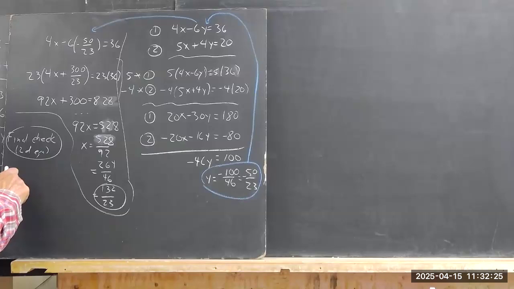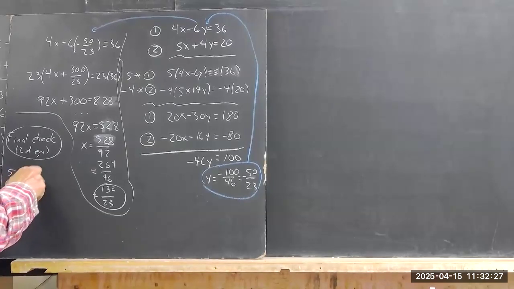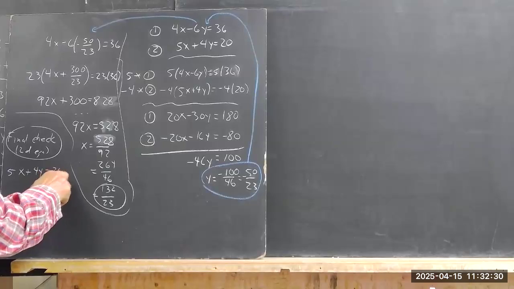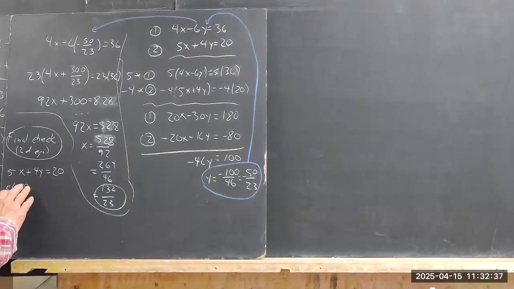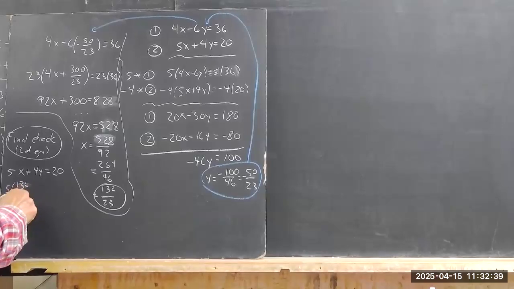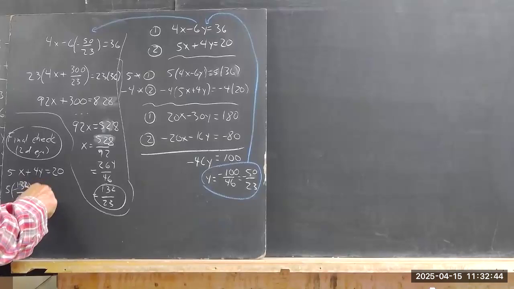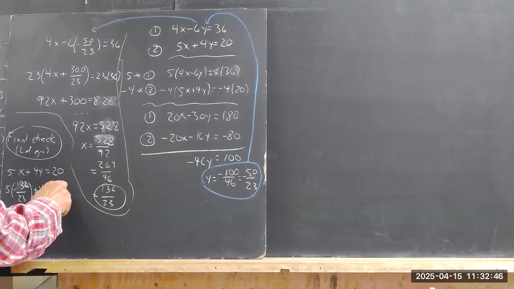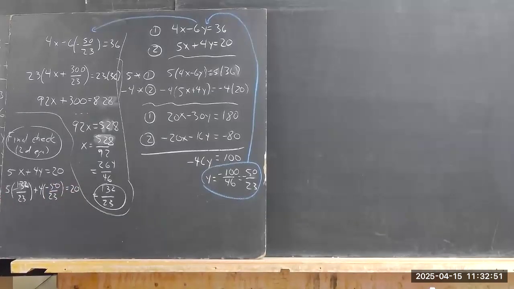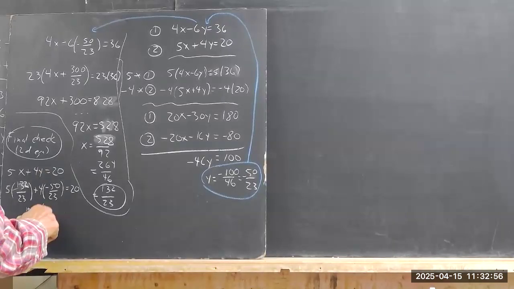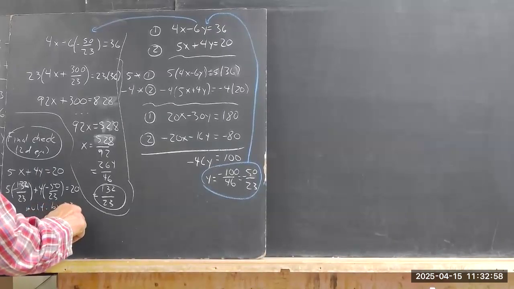And that would be 5x plus 4y equals 20, which comes out to 5 times 132 over 23 plus 4 times negative 50 over 23 equals 20. And multiply everything by 23.